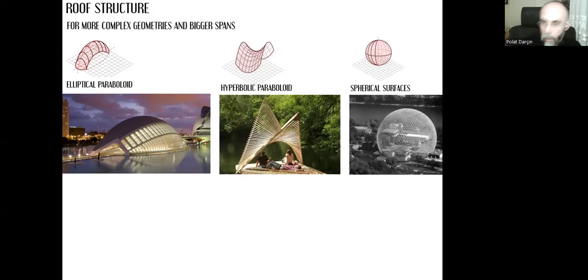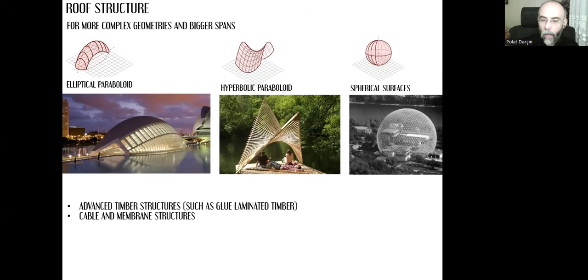These can be tiny shapes or huge buildings, huge structures that cover a very vast area. We can either prefer advanced timber structures such as glue-laminated timber, or we can create a structure out of cables and membranes. We can have pneumatic structures or space frames.